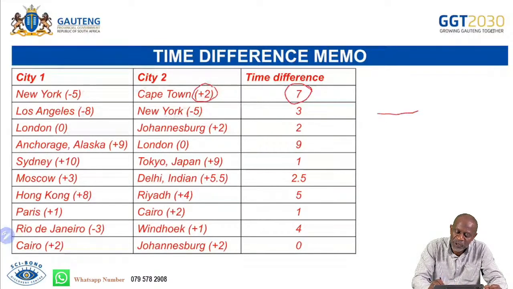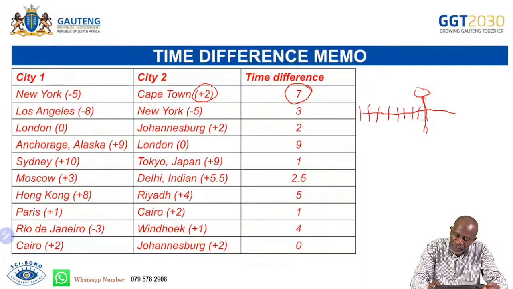Los Angeles is at -8, and New York is at -5. So if you use the ribbon, you'll have the 0 longitude, which we said is our universal time coordinate, the UTC, and you count to the left because both Los Angeles and New York are in the west. The other one is at minus 5.